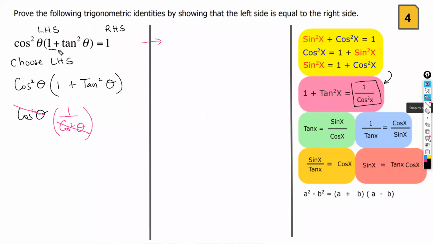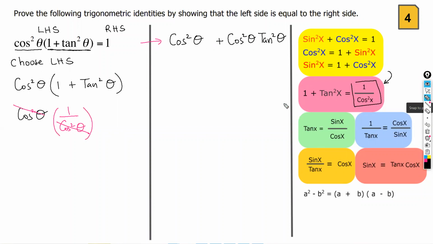I'm going to multiply everyone inside here by cos squared theta. Cos squared theta by 1 is cos squared theta, plus cos squared theta multiplied by tan squared theta. There's nothing much we can do there.